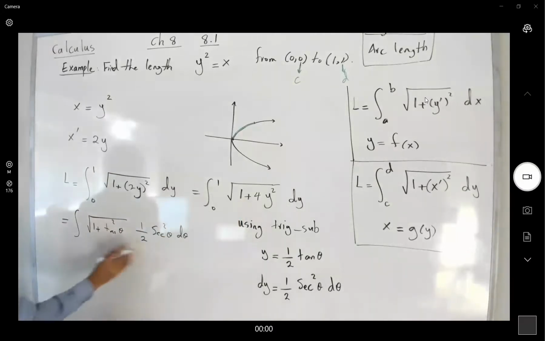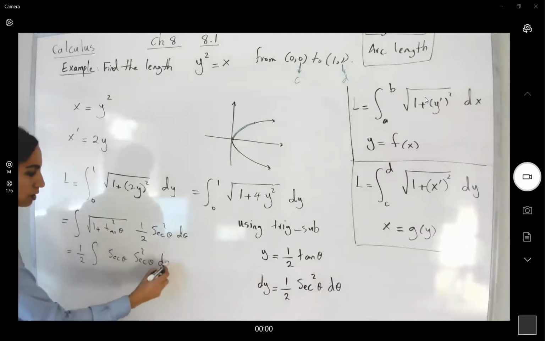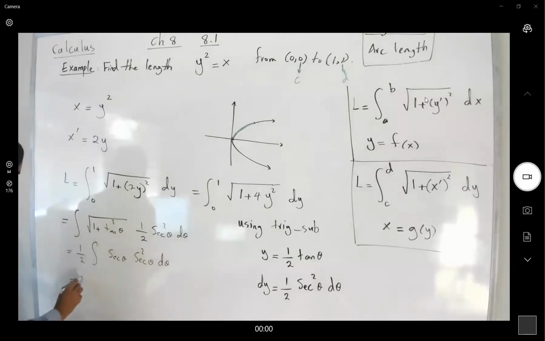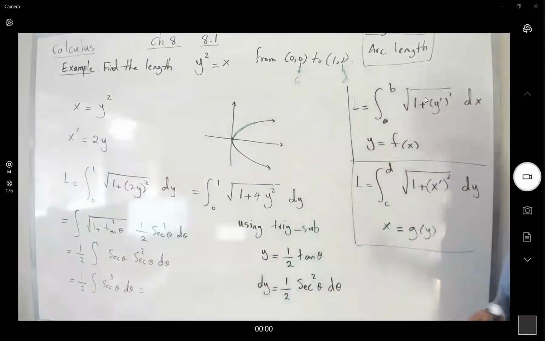This gives you, you can bring a half in front of the integral, secant theta times secant squared theta d theta, which gives you a half integral of secant cubed theta d theta, which is equal to a fourth secant theta, or if we use boundaries.